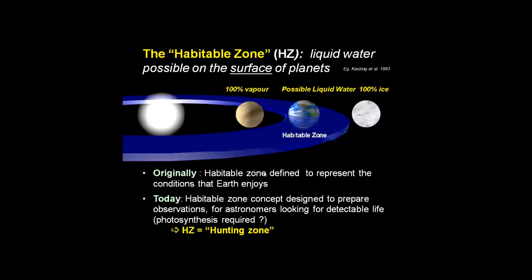So it seemed natural to say, we need the habitable zone to define life. But today it's still valid because the habitable zone is designed to prepare observations. It's really the area where you can look for detectable life, where you have surface liquid water and life. So maybe a good way to remember that is to say the HZ, the habitable zone, is in fact the hunting zone for an astronomer.